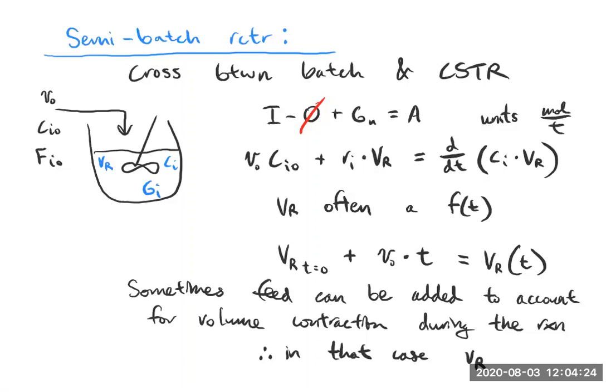Well, that can be nice, because then you don't have this second equation, and you can pull out the VR as it's not changing as a function of time. So hope for that situation, I guess, if you're working on semi-batch reactor problems. But you can deal more computationally rather than analytically solving these coupled equations if they're not.